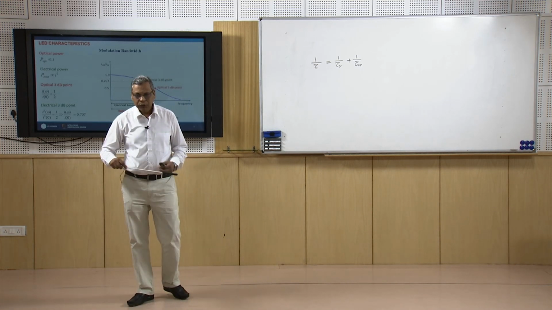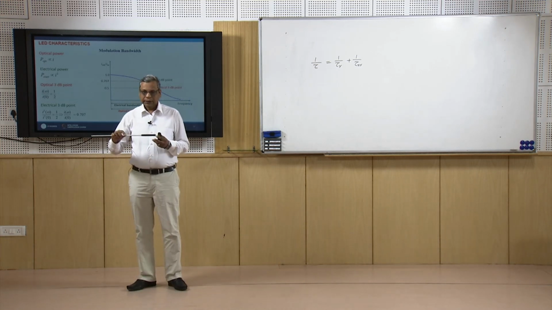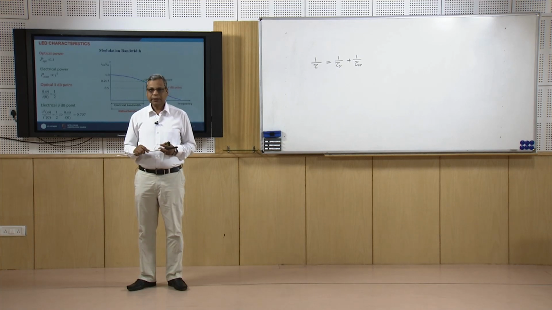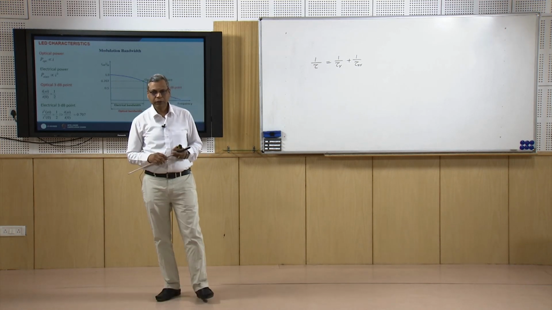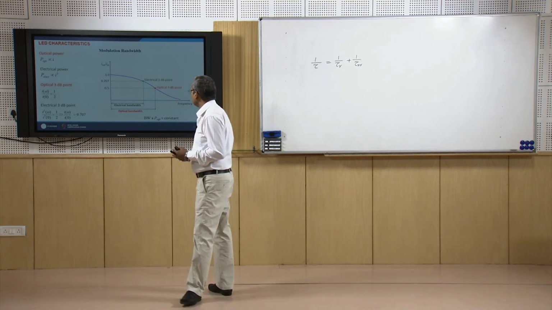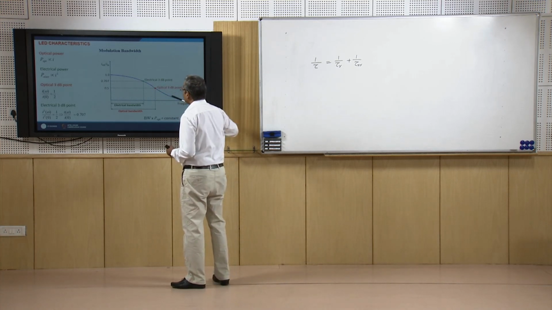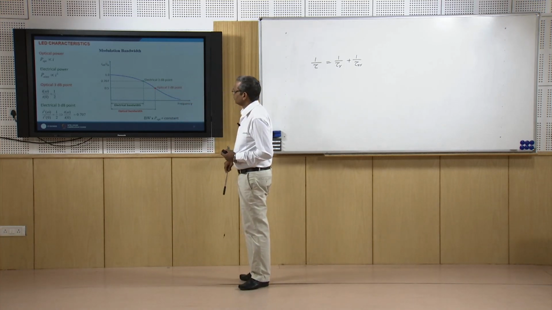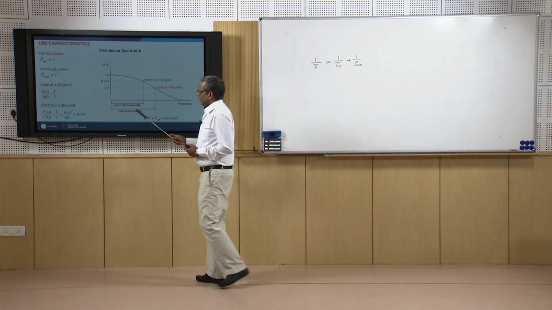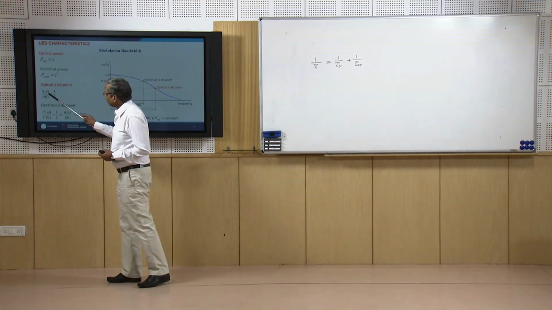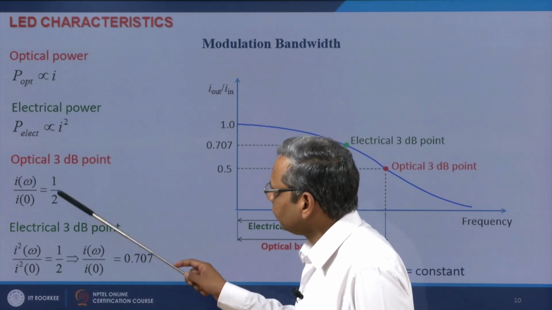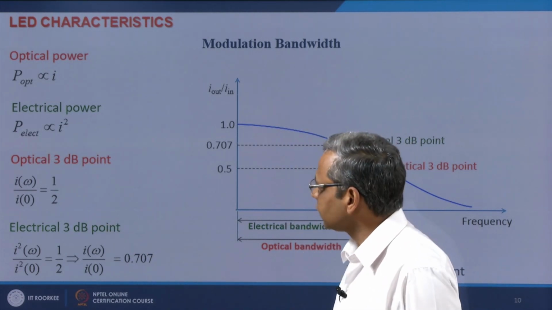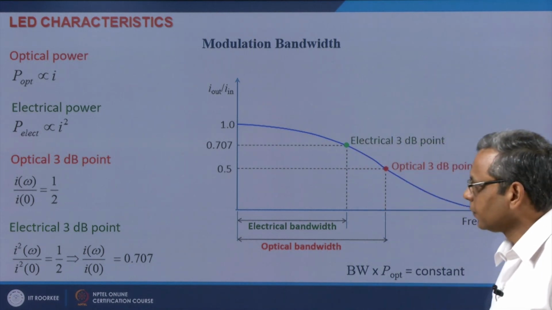Essentially, you are supplying electric current to an LED and then you increase frequency. When you increase frequency, then the power drops down. The frequency at which the power drops down by 50% is known as the 3 dB point.